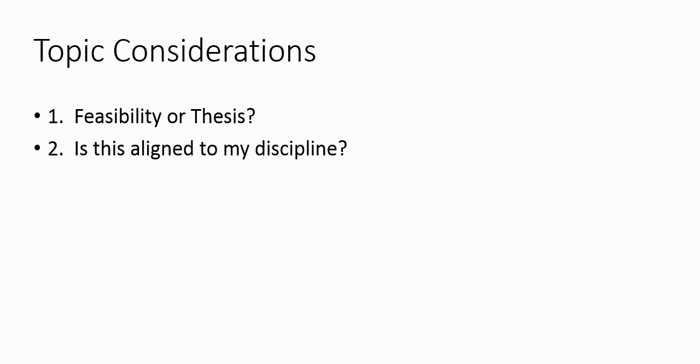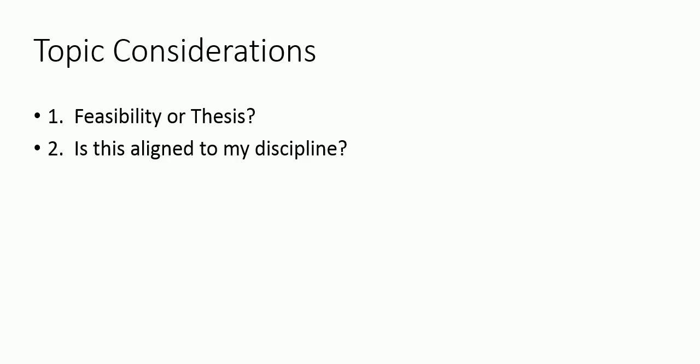Second, if you do choose a topic, is this aligned to my discipline? I find this very important because a lot of the students I've known in the past would randomly choose a topic that is not aligned to their discipline. For example, marketing students talking about graduate tracer studies, operations management talking about marketing, talking about psychology.